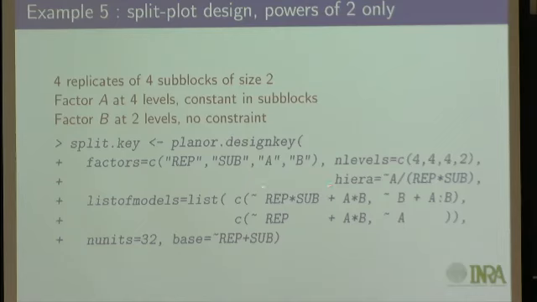So replicate effect, sub-block effect, the interaction between the 2, and for the treatment effects, the main effects of A, the main effects of B, and their interaction. This is the syntax to specify that we want to cross the factors A and B. So this is the model part, and this is the estimate part.